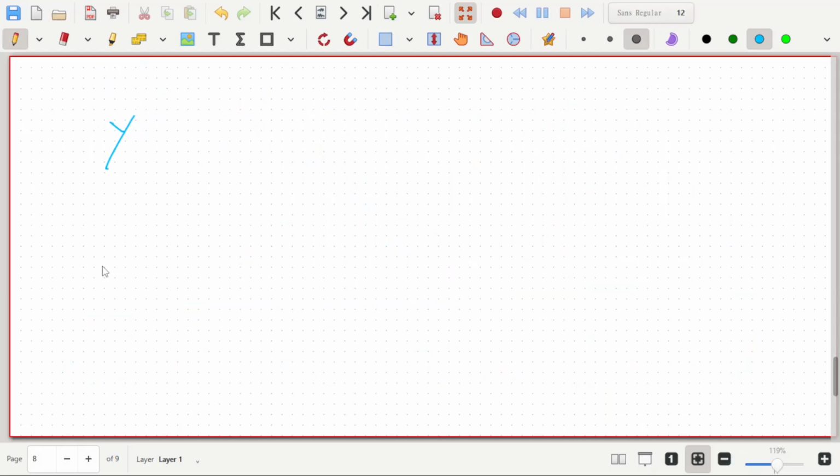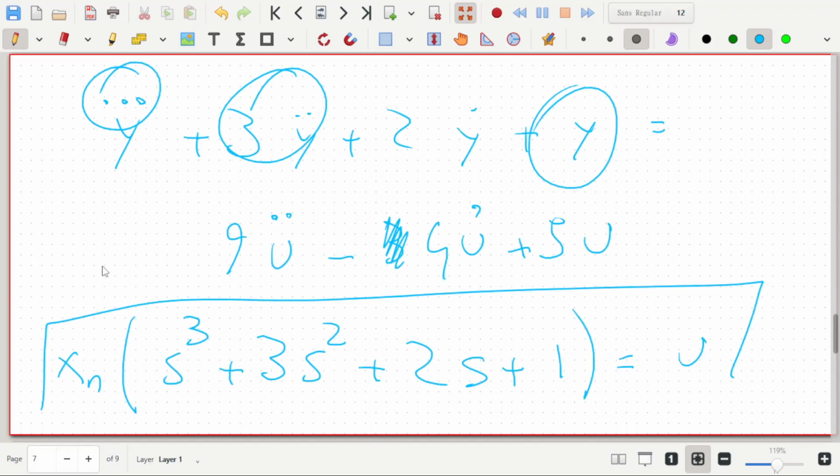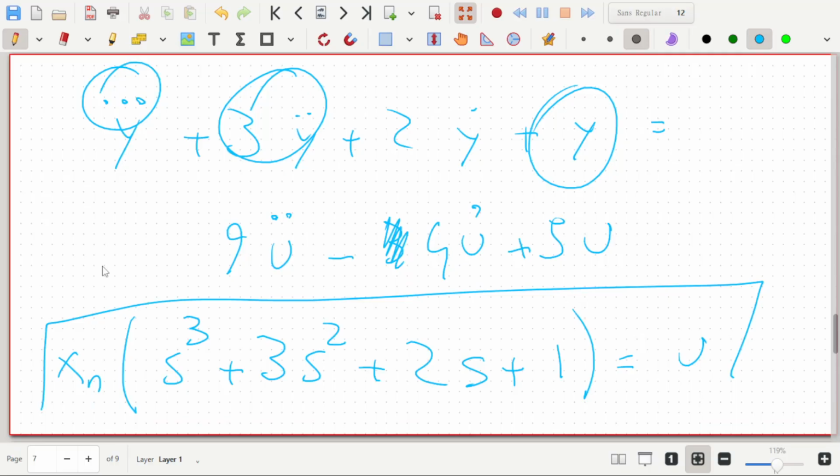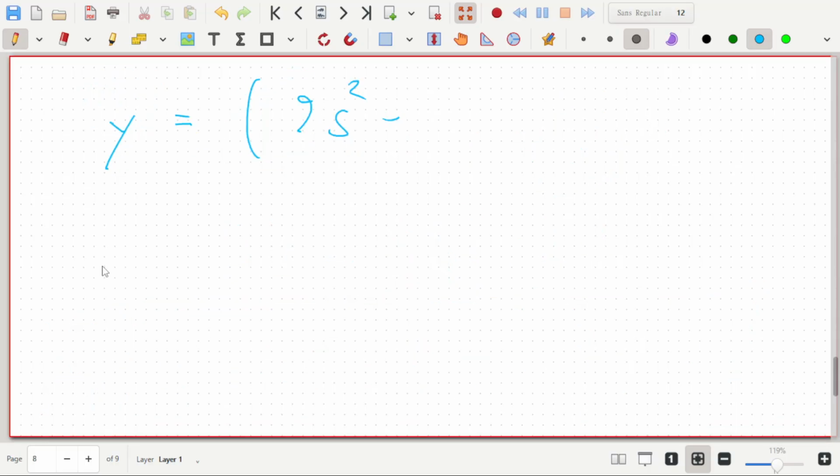And then we write y is equal to, now I forgot, remember me, it's 9s squared minus 4s plus 5. It's 9s squared minus 4s plus 5, what? xn, okay? Are we together? It's a moving average on the xn.